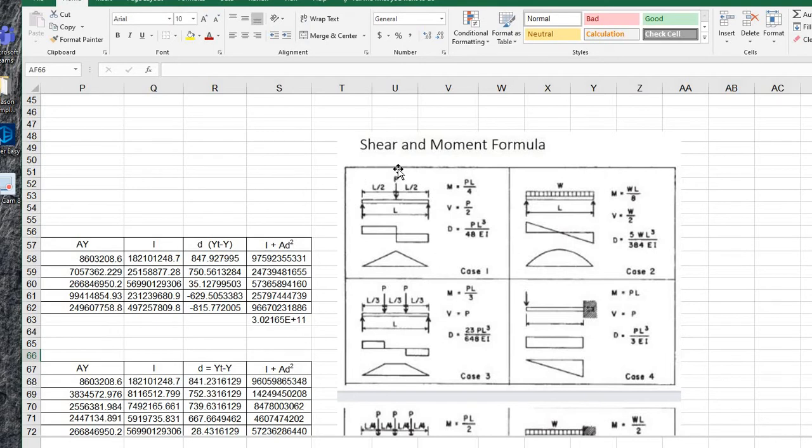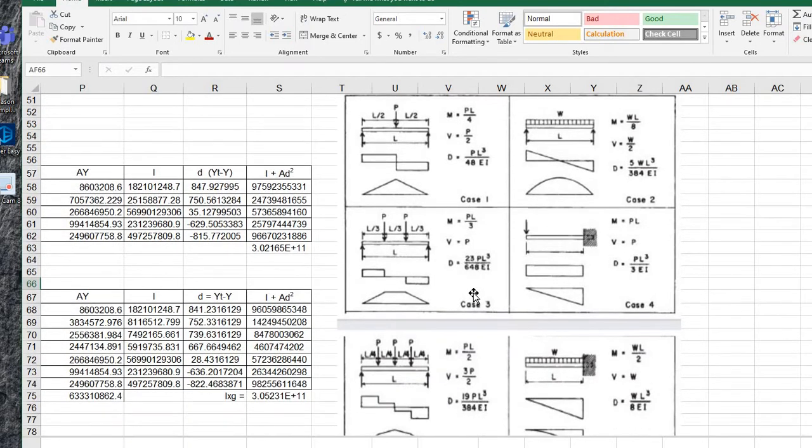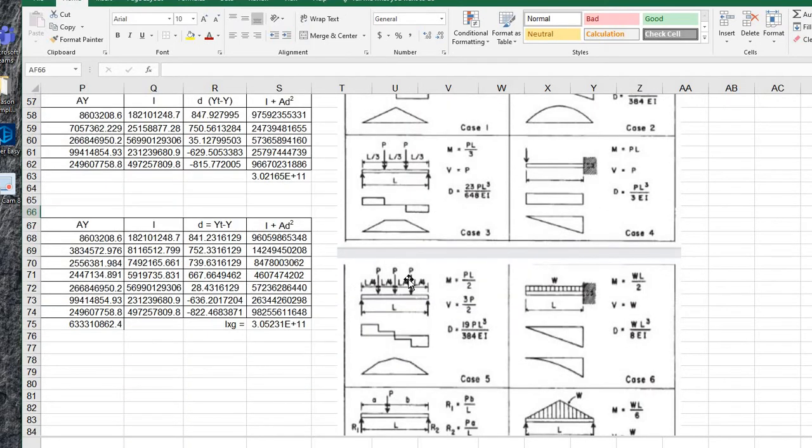Tapos, etong P, that is moment at midspan, is PL over 4. This is if you have one diaphragm only. If you have two diaphragms, PL over 3 ang moment. And if you have 3 diaphragms, you have PL all over 2.